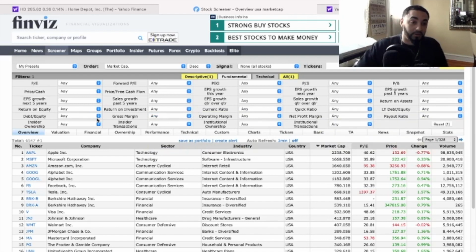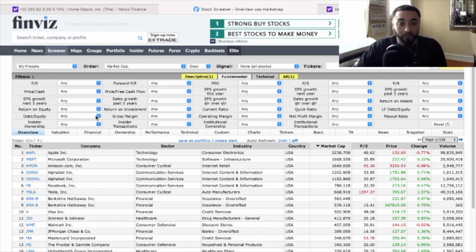So for me, I don't really like a lot of debt, but some companies use debt pretty well. So this isn't like an overall indicator to get rid of all bad balance sheet stocks, because a lot of real estate companies, especially REITs, use debt over equity.